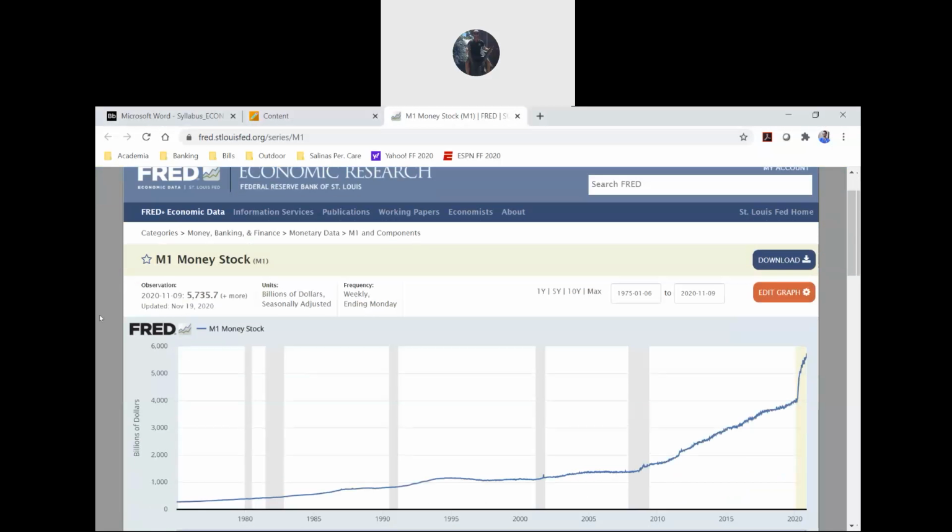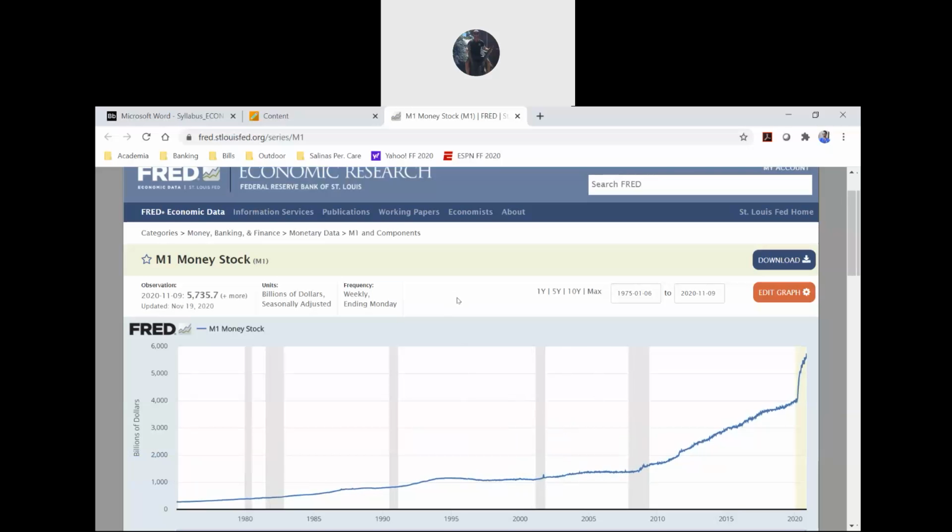As you can see here, this is M1 in billions of dollars, weekly. You can see the trend from 1975 on. But look at what's happened recently.